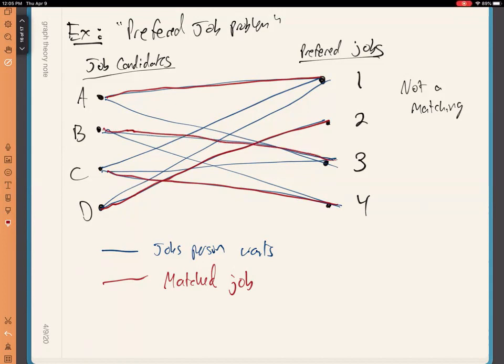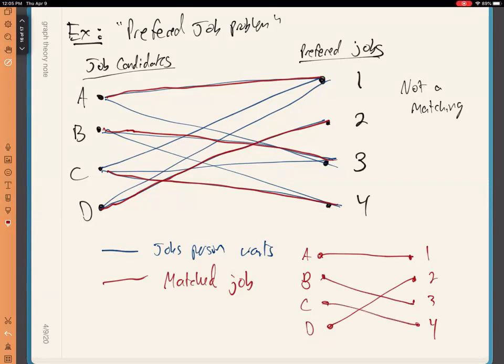And so if we look at this picture where we have A, B, C, and D, and then 1, 2, 3, and 4, we had A connected to 1, D connected to 2, B to 3, and C to 4. So this is a matching.